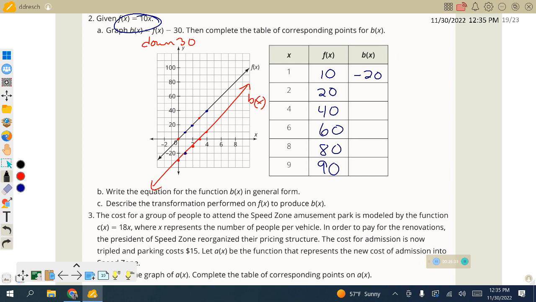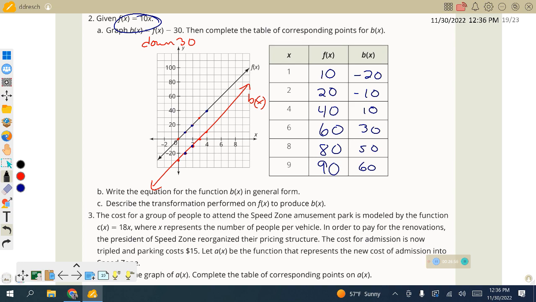Keep going there. When x is 2, it's negative 10, which makes sense. 20 minus 30 is negative 10. 40 becomes what? 40 minus 30, and so on.